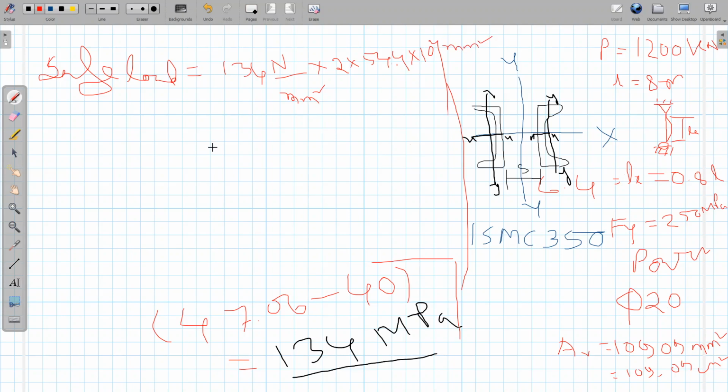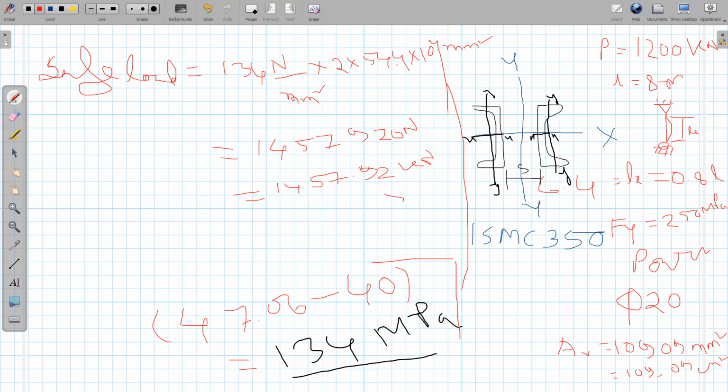Now do this calculation. This will give you the result in terms of Newton. This is coming out to be 1457920 Newton, that is 1457.92 kilonewton.